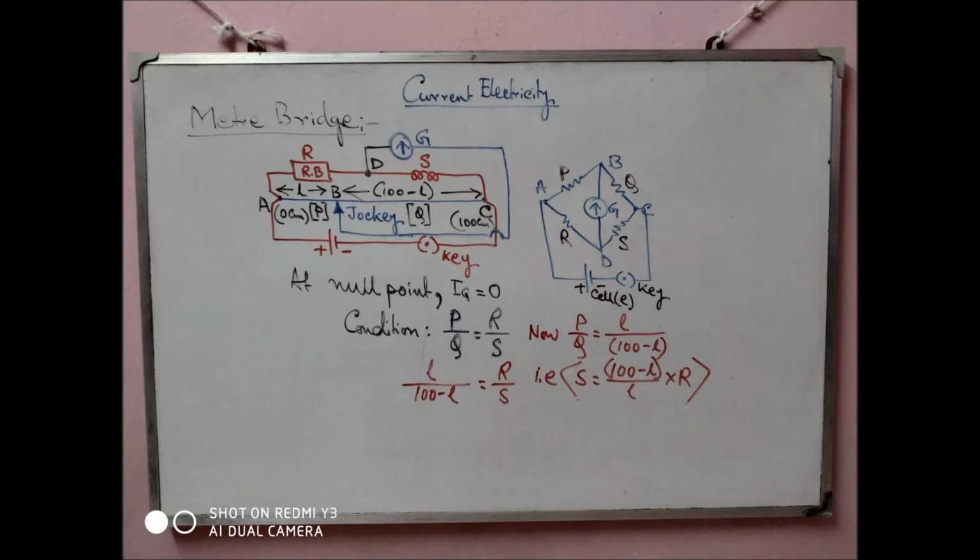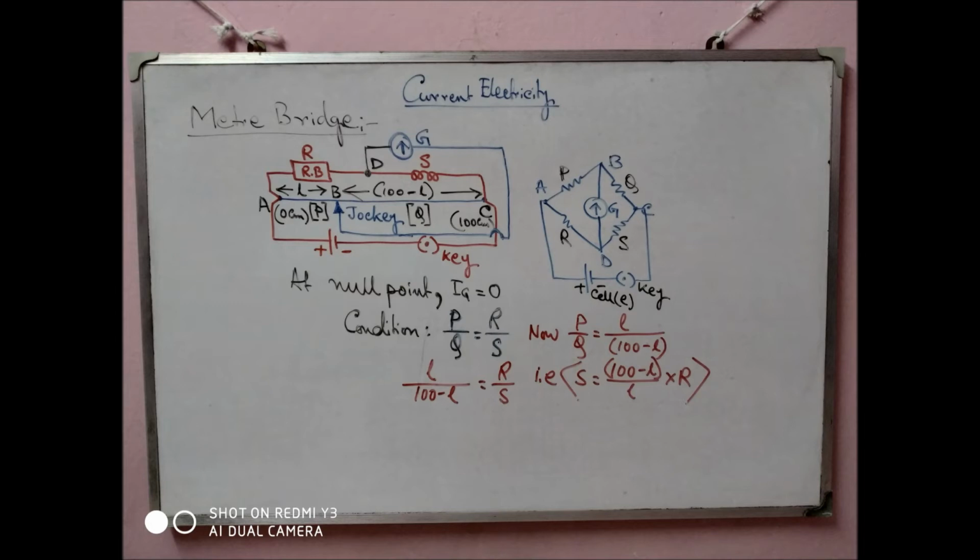Suppose we are doing the experiment during summer and we do the same experiment during winter. There is a problem, because in summer resistance will be more, in winter resistance will be less. Then there is no standard. Sometimes we get the same resistance value more, sometimes less. So there is a problematic case.